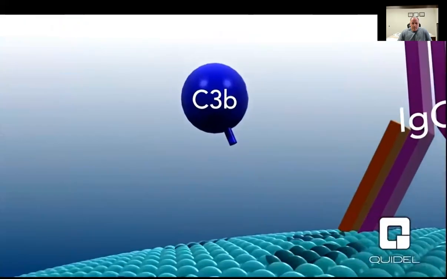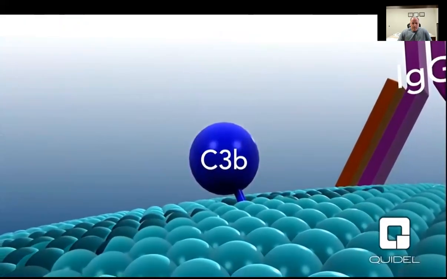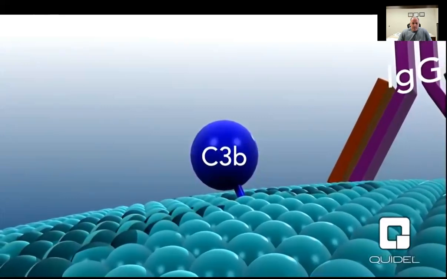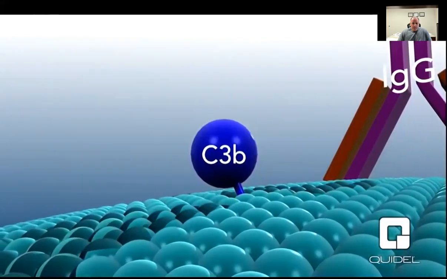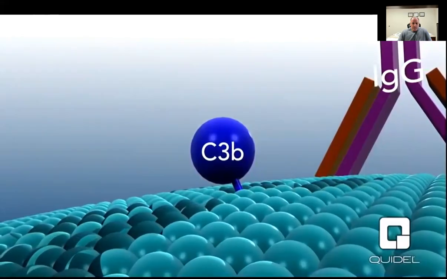The newly generated C3b can covalently attach to nearby surfaces, just as C4b does in the classical pathway. In the absence of an appropriate activator for the alternative pathway, complement regulatory proteins block further activation of the pathway.